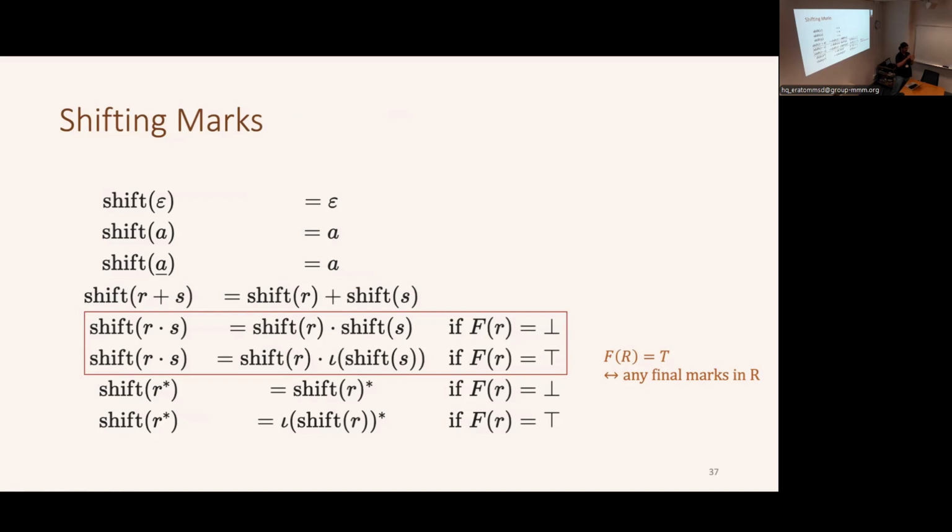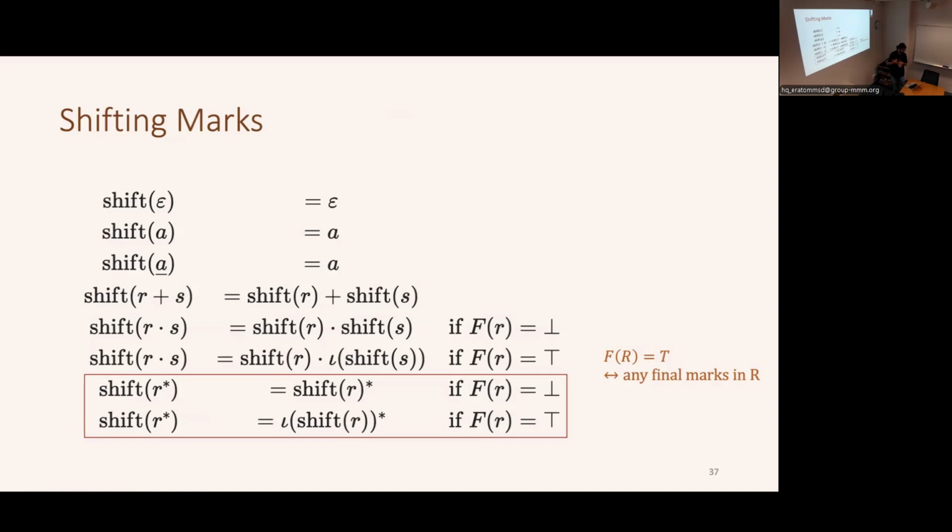Like we cannot have some marks which we discarded from R and we forgot to carry over to S. And this is the possibility that arises if there were final marks in R, because when we have these final marks in R, after the shift, they are supposed to become initial marks in S. So if this is the case, then we shift everything in S and we also add additional marks to the initial positions in S. So to do this, we check if we have any final marks in R.